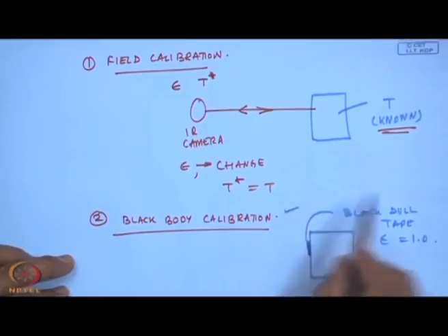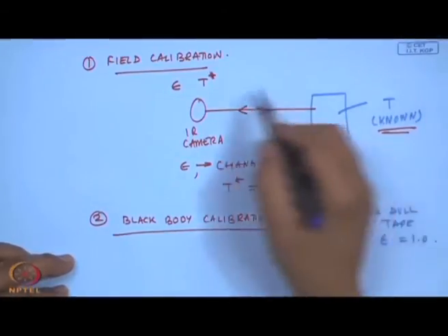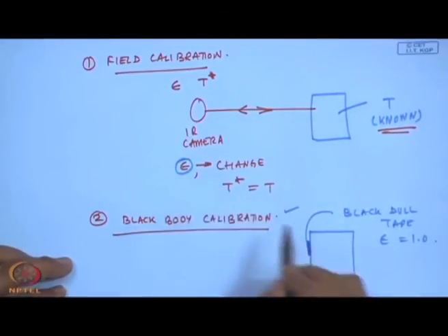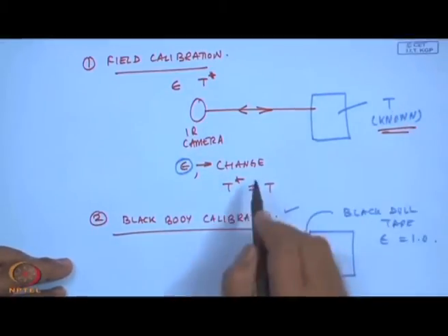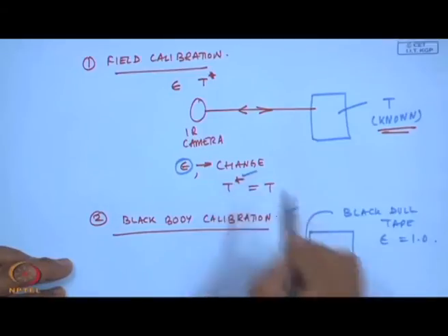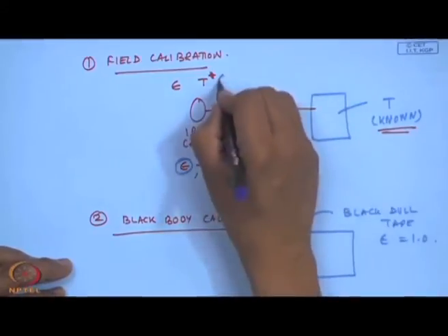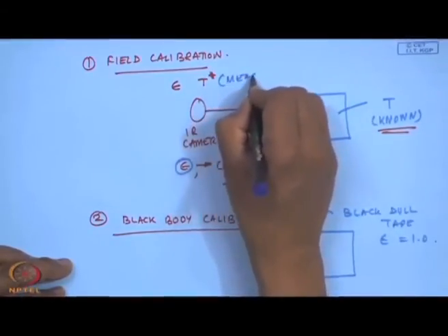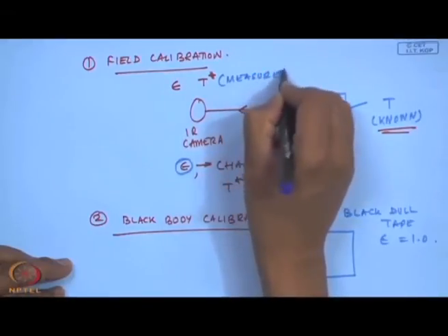So, this is one. But in the field, it is always good to change emissivity, so that your known temperature is equal to whatever you are measuring by T star in the camera. This is something you have to keep in mind.